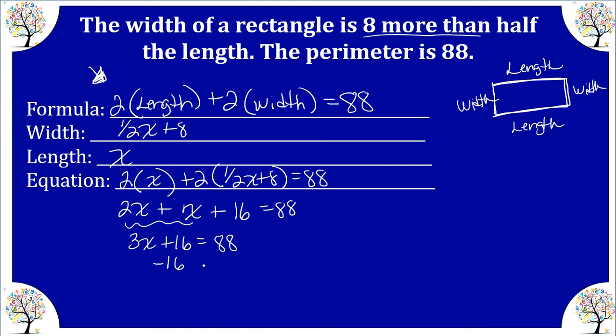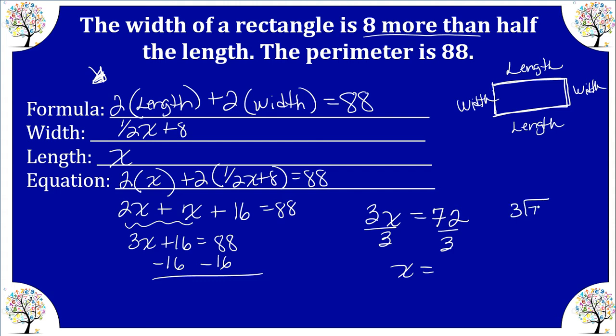We're going to subtract 16 from both sides, and we get 3x is equal to 72. We're going to divide each side by 3, and x, which is our length, 3 goes into 72. It goes 2 times, that's 6. We subtract, and 3 into 12 is 4. So x, our length, is 24.